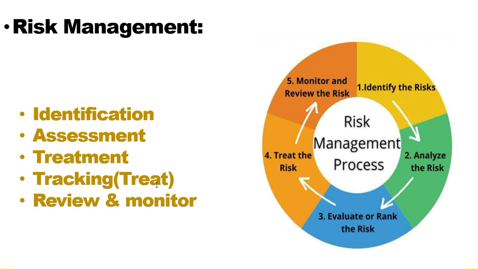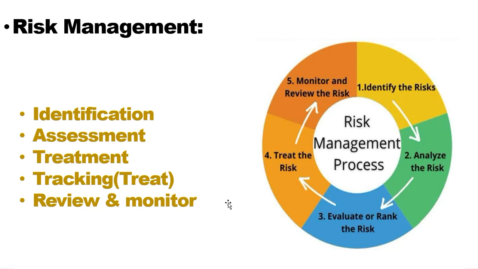And the next one, the last phase, is monitor and review the risk. Once all these phases are done, you have identified the risks, analyzed and assessed them, evaluated and ranked them, and treated those risks with appropriate controls.